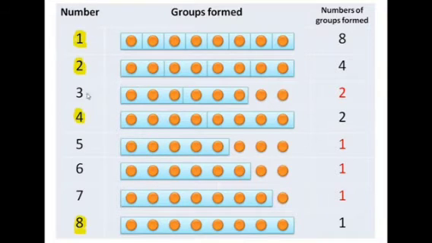Because these are the options which divide 8 into an equal number of groups without having any leftover. So if you take these numbers and divide 8, you will get 0 remainder. Yes, so that's why 1, 2, 4 and 8 are factors of 8. I hope you are clear.